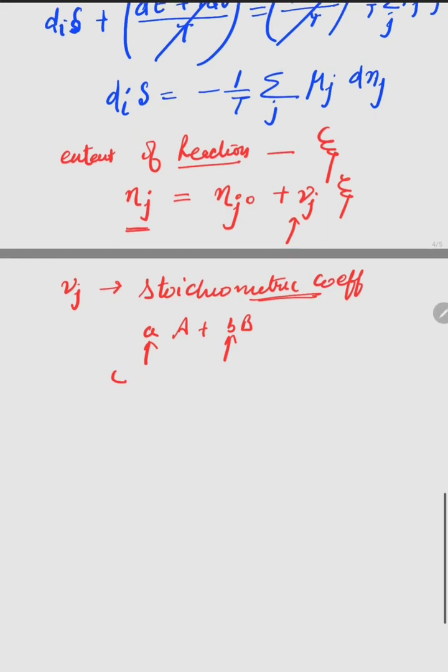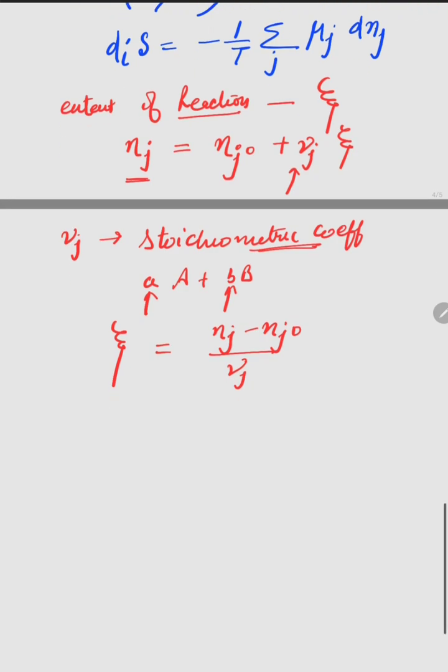So from this equation we will find the value of the extent of reaction. This is equal to (N_j minus N_j naught) divided by nu_j. Now differentiate this equation.